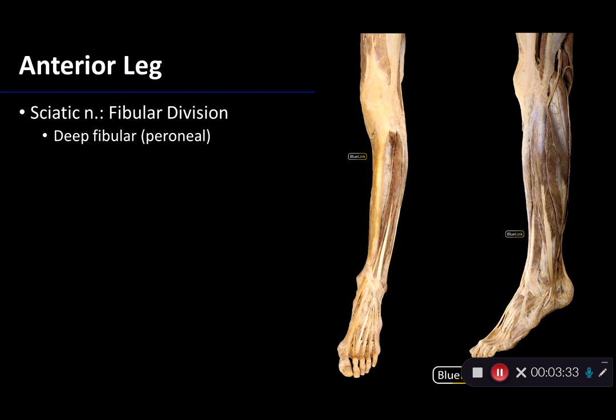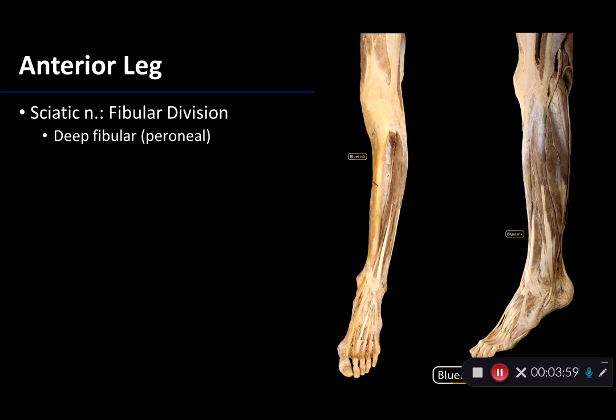As we look at the anterior leg, so tibialis anterior, extensor digitorum longus, and extensor hallucis longus muscles. So these would be the muscles that are just lateral to the tibia bone, which is there.